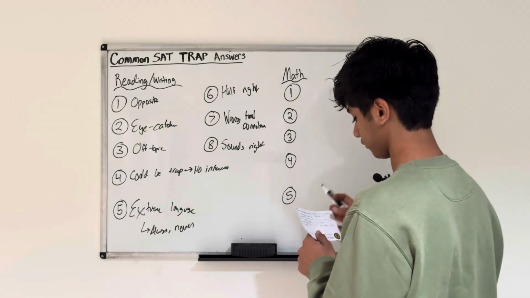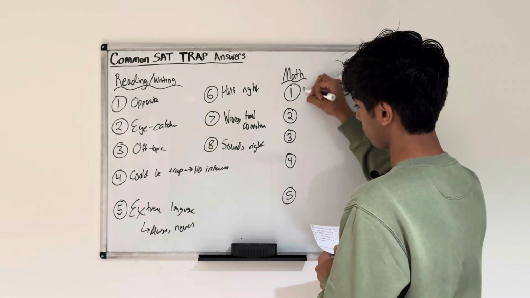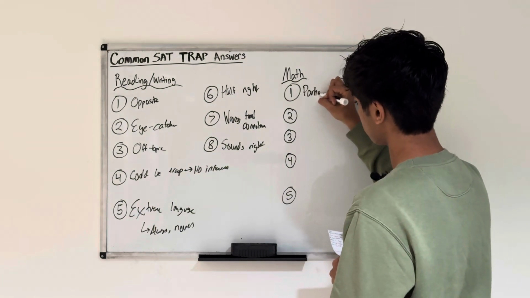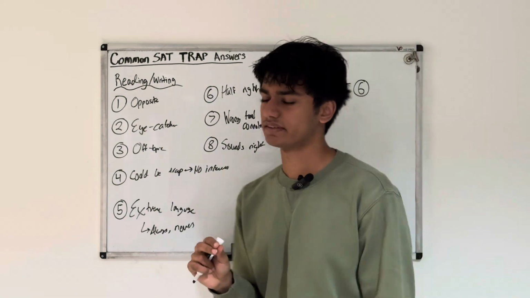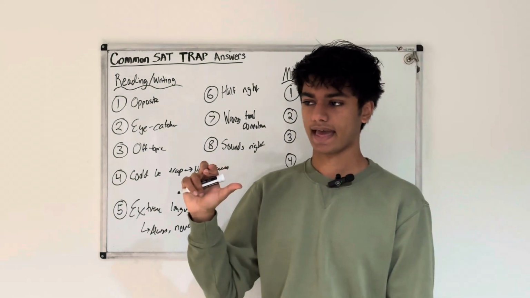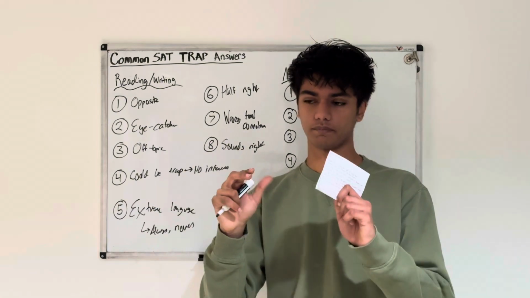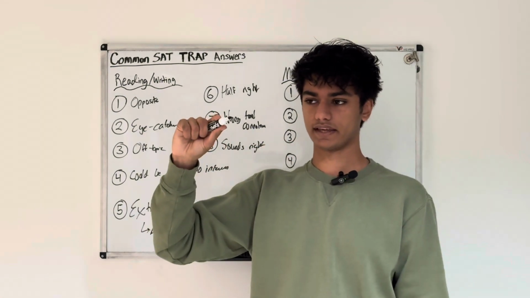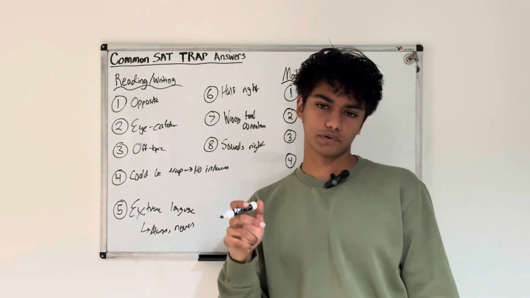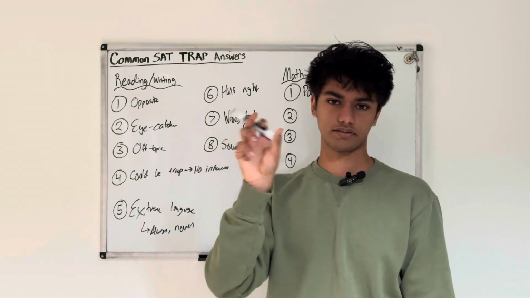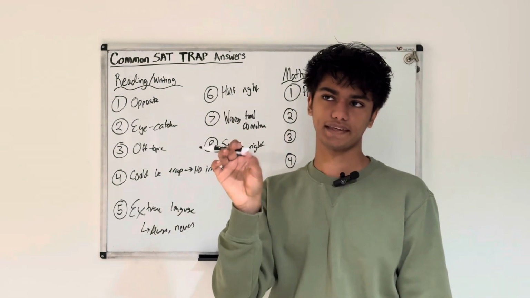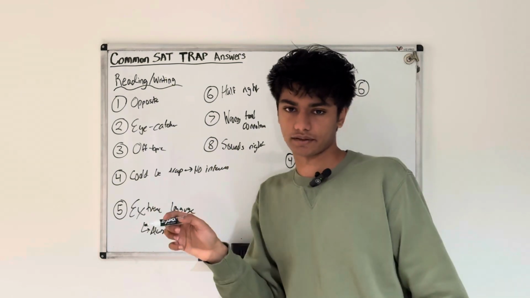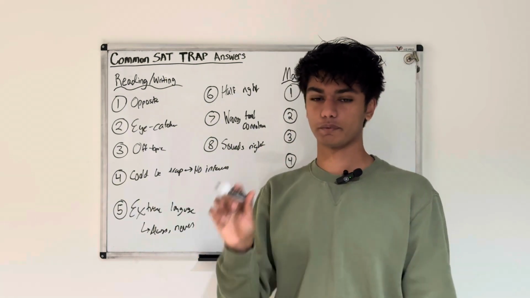Next, let's go into the math questions. The first one I have is called the partial solution trap. This trap consists of an answer choice that is the answer for a previous step. For example, let's say we're trying to solve a system of equations, and the question is really asking us to find what is 2x. We solve, and we find x.